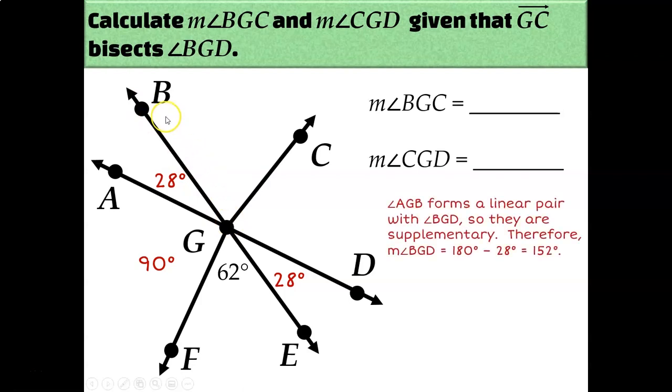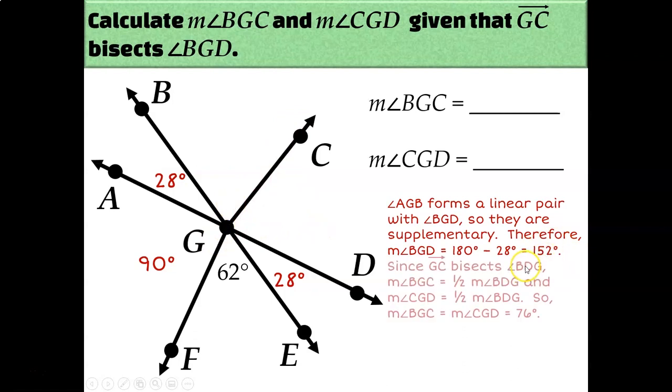So the measure of angle BGD, this big obtuse angle right here, has to be 152. Okay, well, if I need to know the measures of each of these little angles, and GC is the angle bisector of the 152 degree angle, then I can just divide 152 in half. And I figure out that the measures of each of those angles are 76 degrees each.